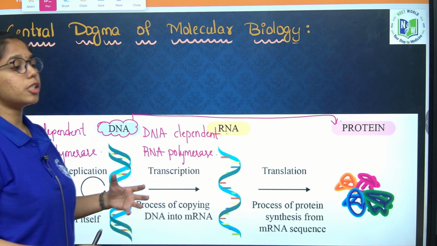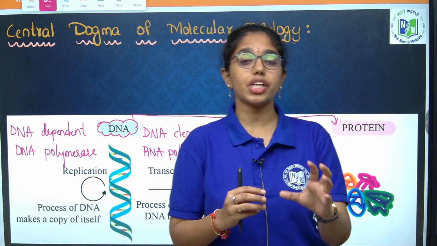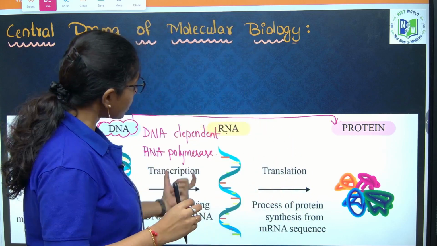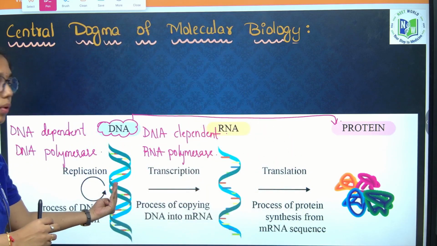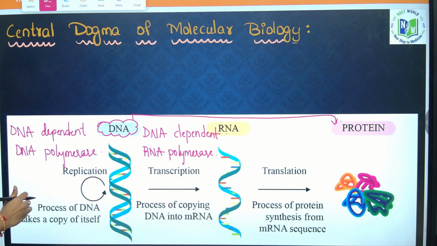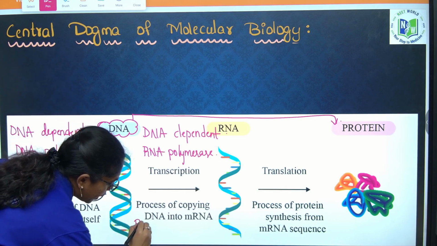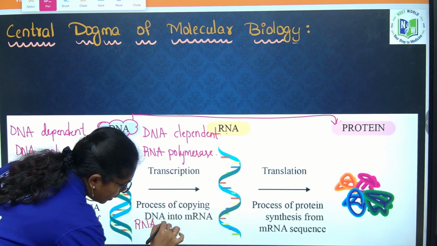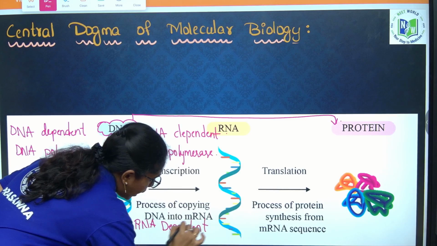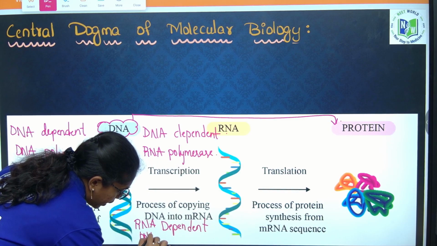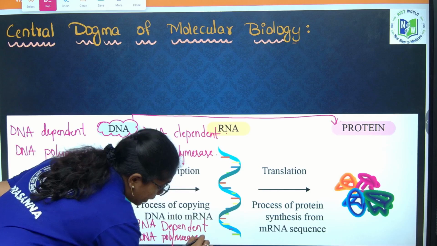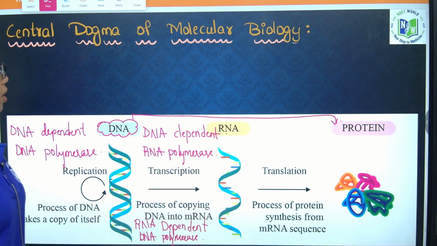In a few organisms like retroviruses, such as HIV, the genetic material is RNA, but to conduct this process, RNA needs to be converted or transferred to DNA. In that case, the enzyme used is RNA dependent DNA polymerase, wherein DNA strand is synthesized from RNA.